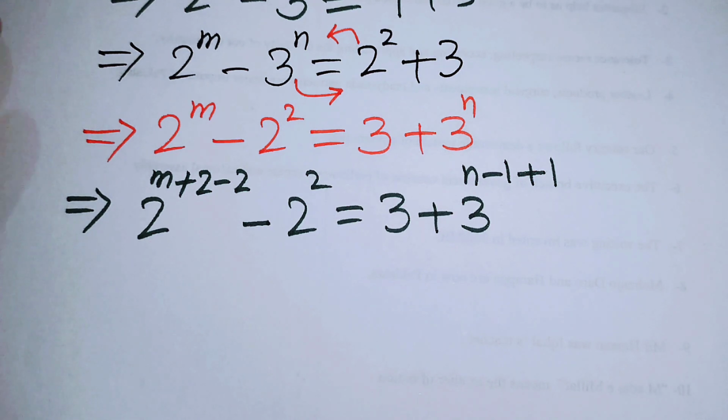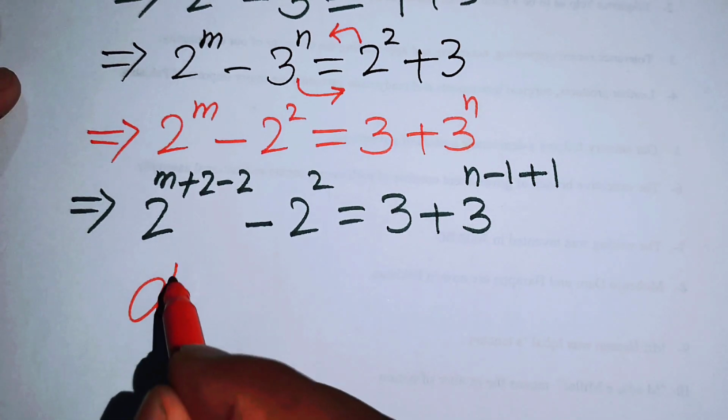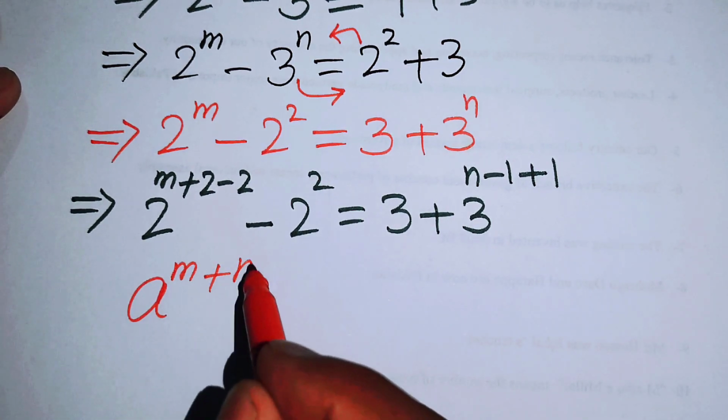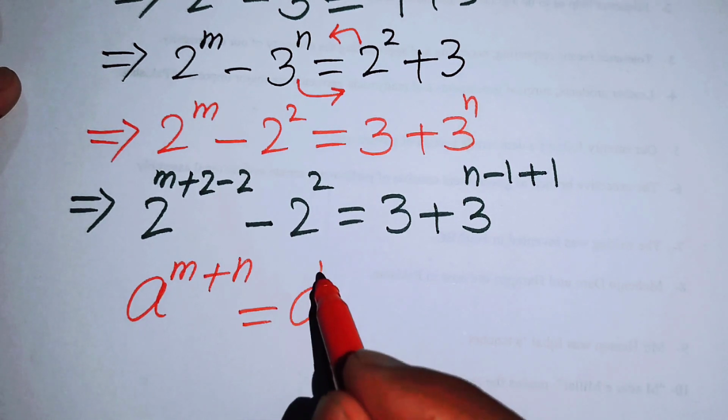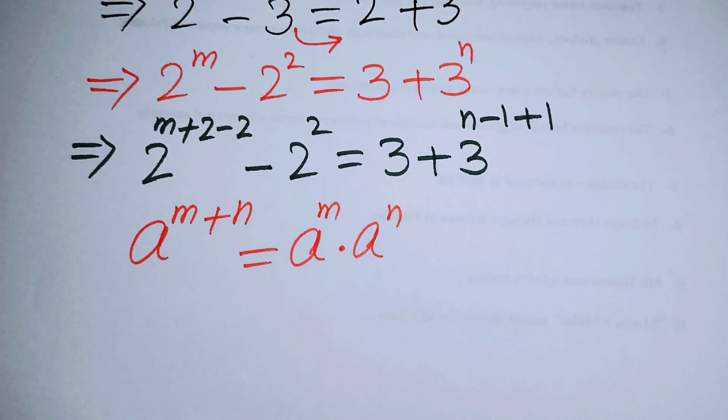So now in the next step I can use the nice exponential law, and you know about this law: if we have a to the power of m plus n, it is equal to a to the power of m times a to the power of n. So now I can use this law.